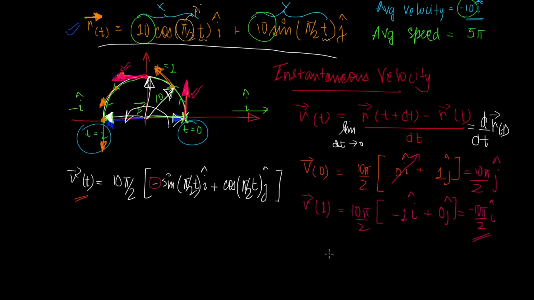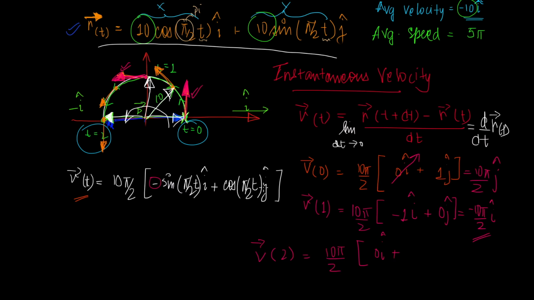What about at time t equal to 2? Well, v of 2 seconds comes out to be 10 pi by 2 as a constant. Now you put t equal to 2 in this expression, you get sine of pi by 2 times 2, which is sine of pi. Sine of pi is 0. So that's 0 i cap, regardless of the sign there, plus cosine of pi.